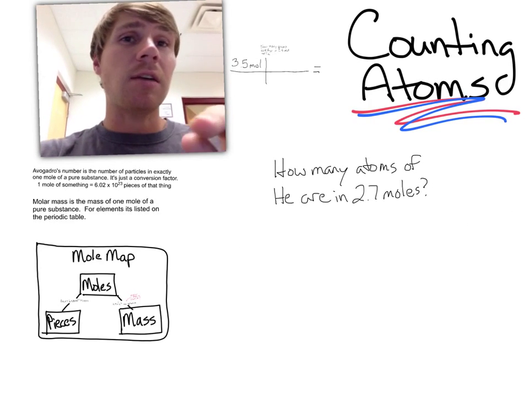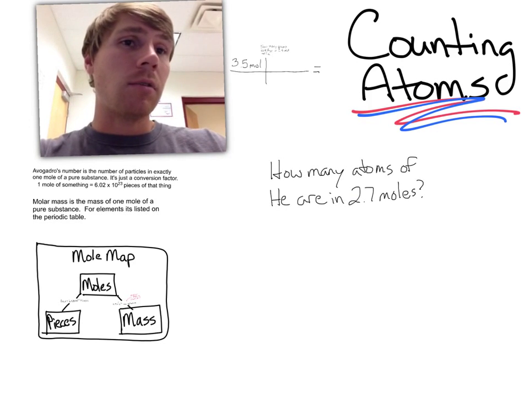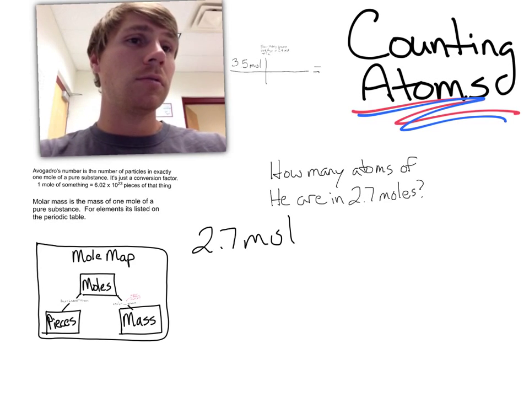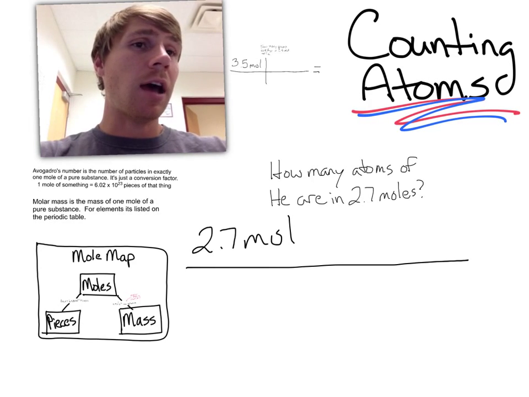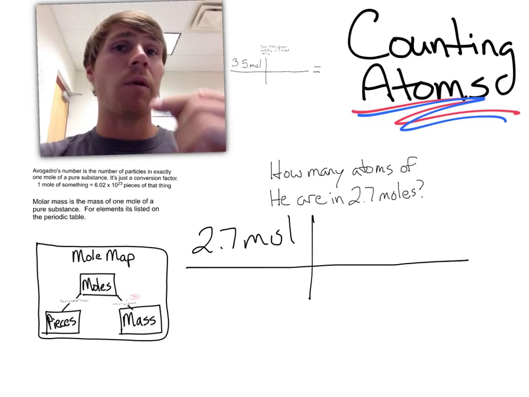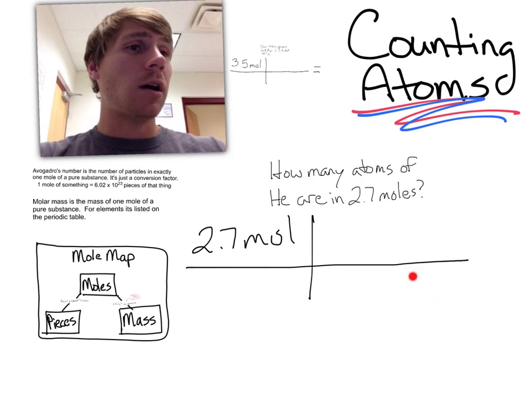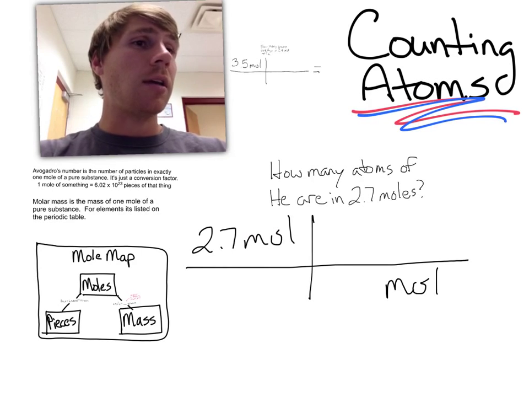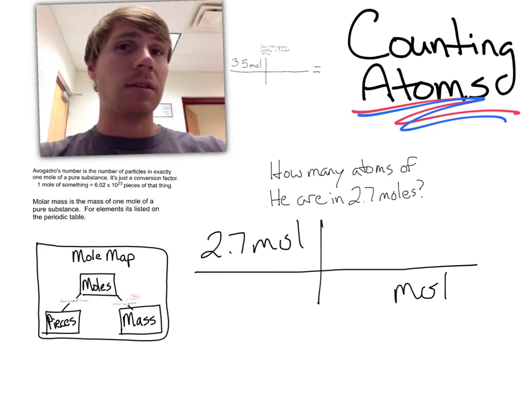Well, just like we did before, we're going to start with our 2.7 moles of helium, and if we set up our fence and rail, I want moles of helium to cancel out, where does it have to go? Right, if it's on the top here, it needs to go on the bottom there. So we just copy that down. Okay, and moles is down there. Again, I'm going to get this guy out of the way.